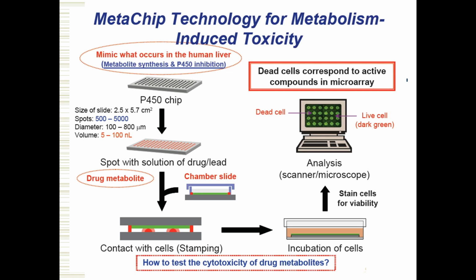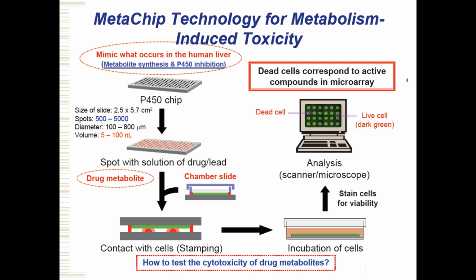Here we have a P450 chip with the different slides, and these need to be spotted with solution or drug or lead molecule and drug metabolite. Inside this particular chamber they are contacted with the cells, which is also known as stamping, and then incubation is done with the cells.